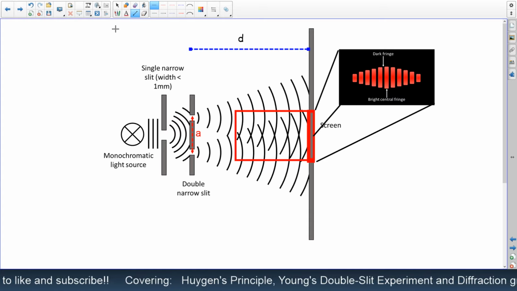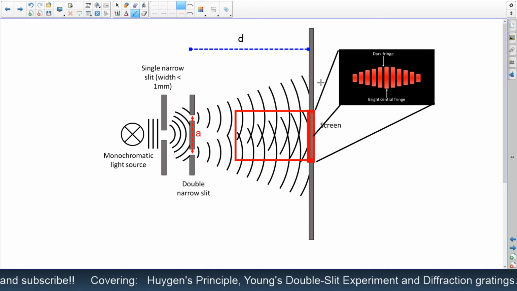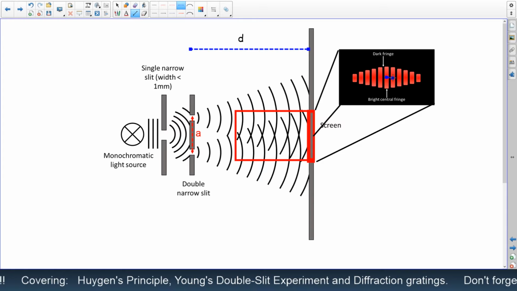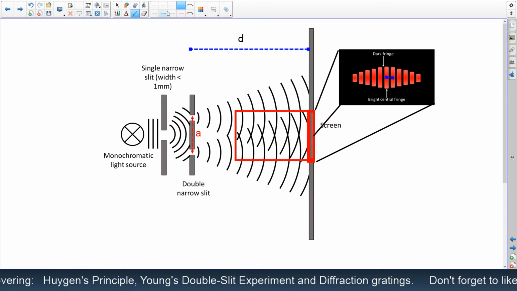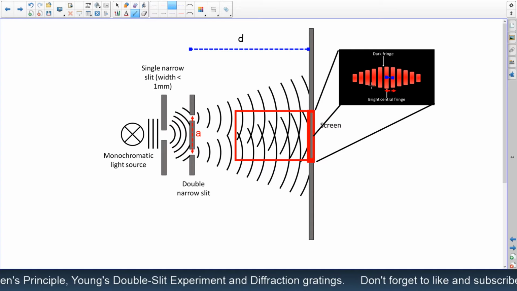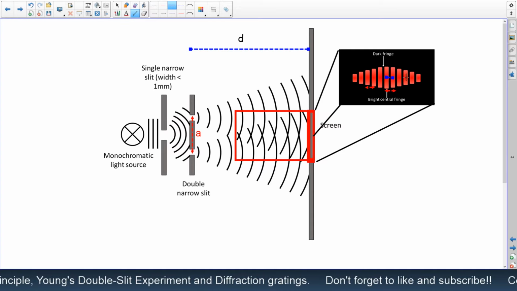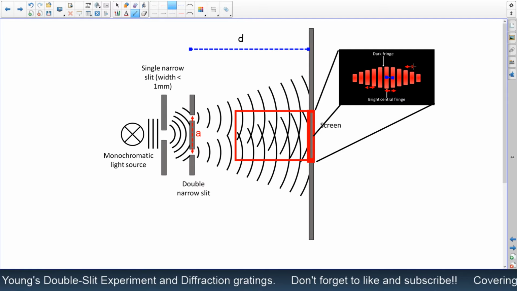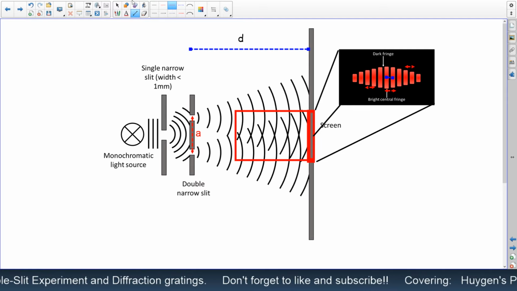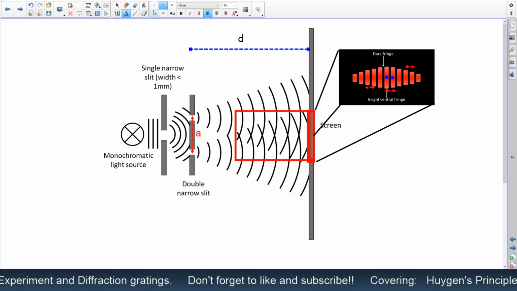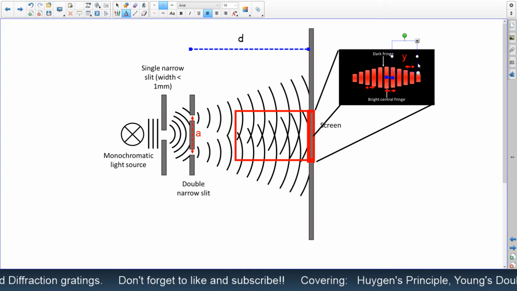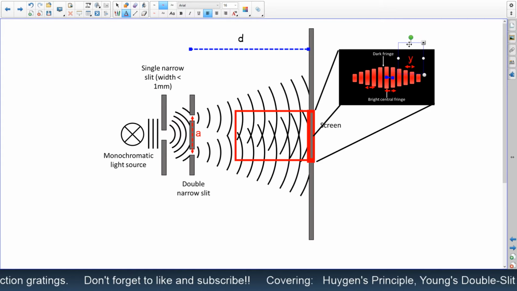The distance that there is between any two fringes, so between the center one and the one next to it, or between this one and this one, or between any two fringes. We call these bright spots and dark spots fringes. Any of these two that are sat next to each other, we give the letter Y. Y for reasons.